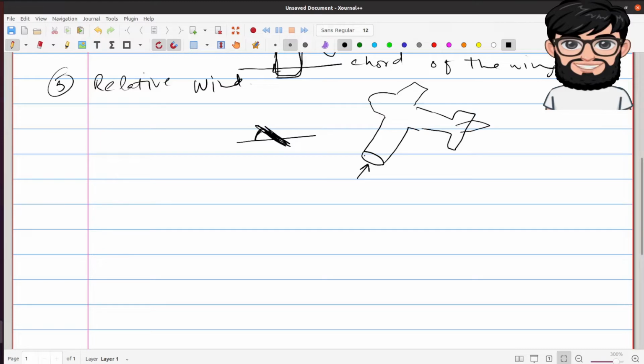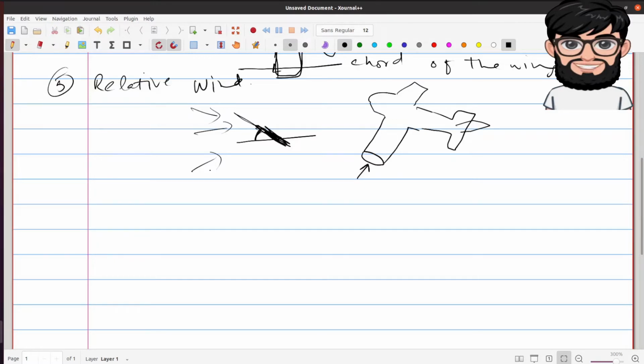The relative wind is whatever the direction of the wind is compared to this thing. Wind can be here, wind can be anywhere. So the relative wind is the direction of the airflow with respect to the wing.